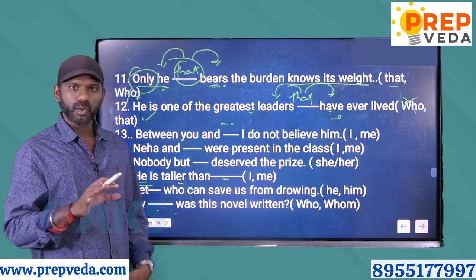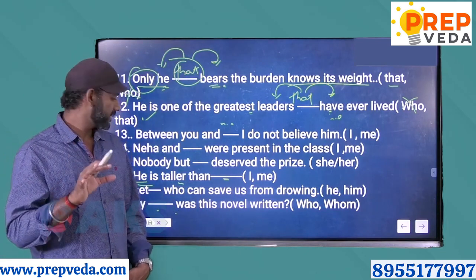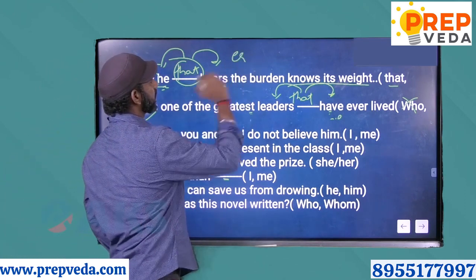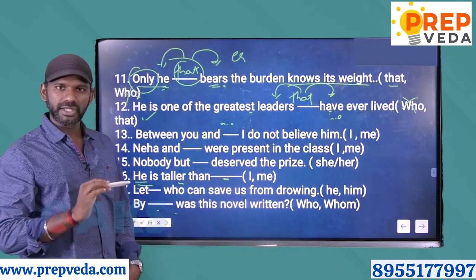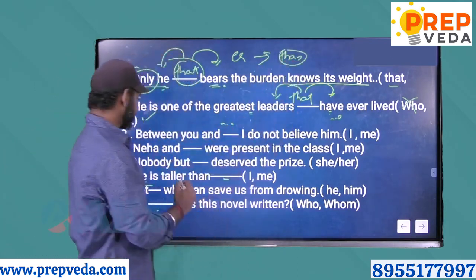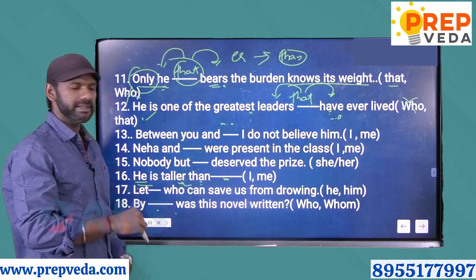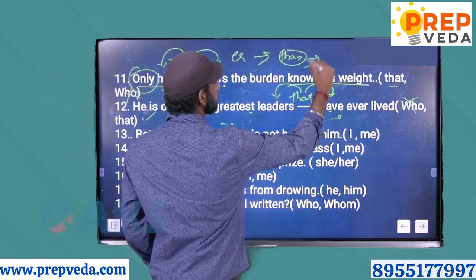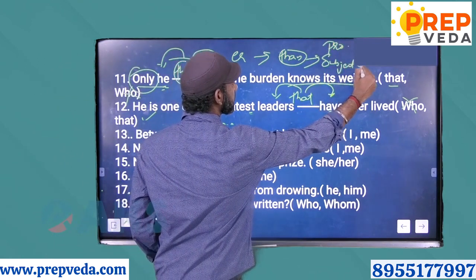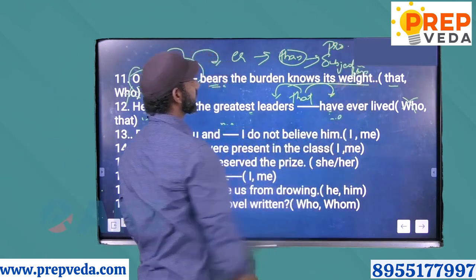We have discussed this rule in the case of pronouns, right? ER words or more words, comparative degree adjectives, will be followed by than. So taller than is correct. And if it is than, the pronoun must be in the subjective form, right?